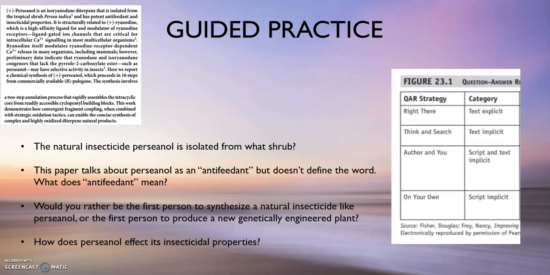All right, let's do some guided practice. Feel free to pause the presentation if you want to go ahead and read the abstract and then try to classify this first question. The natural insecticide prosaenol is isolated from what shrub?